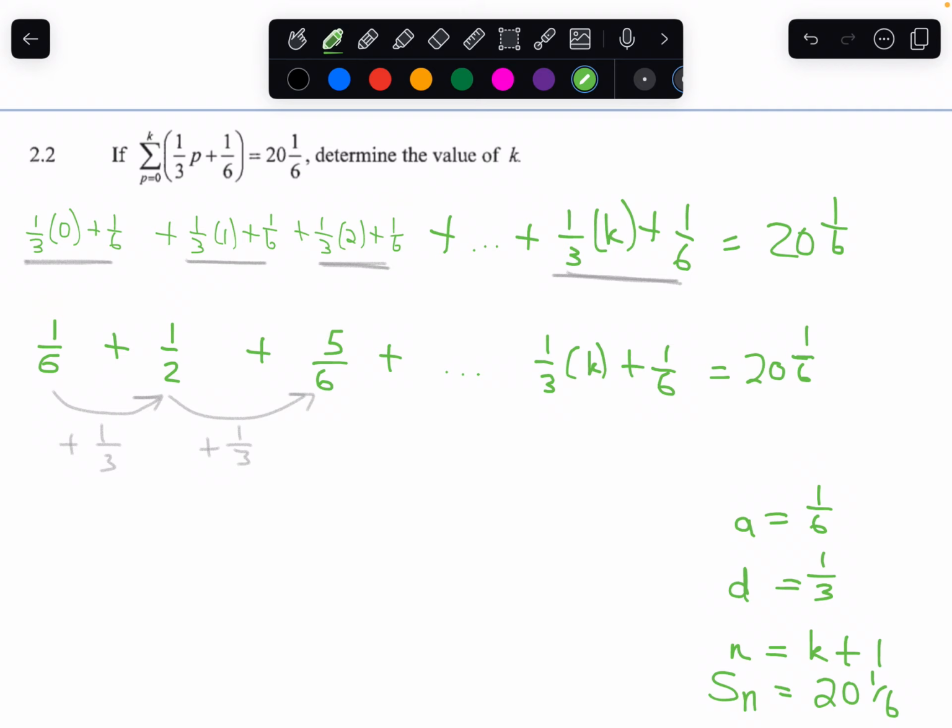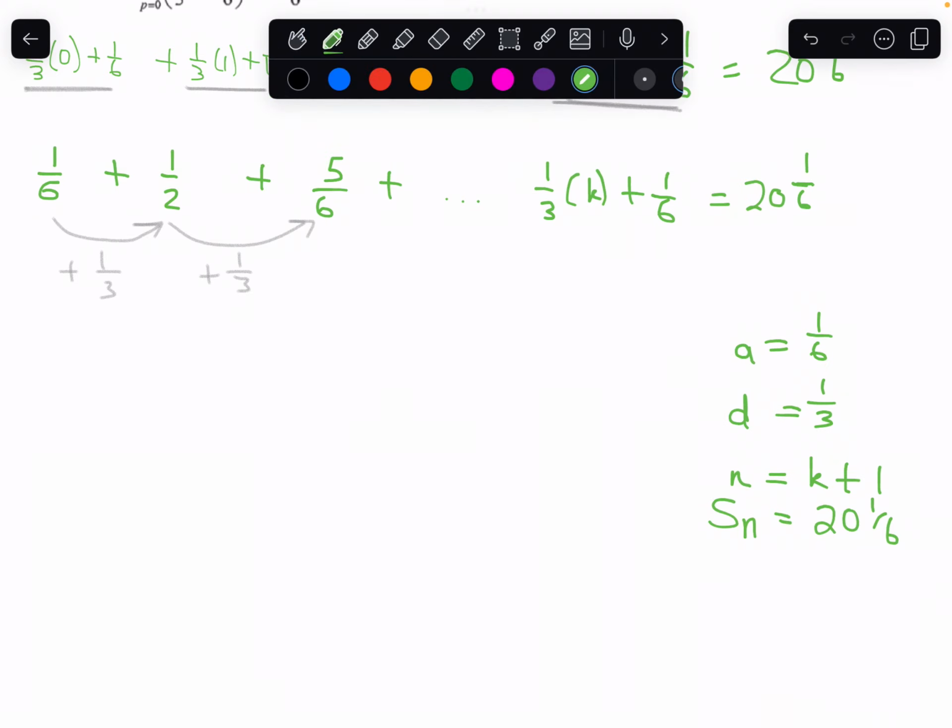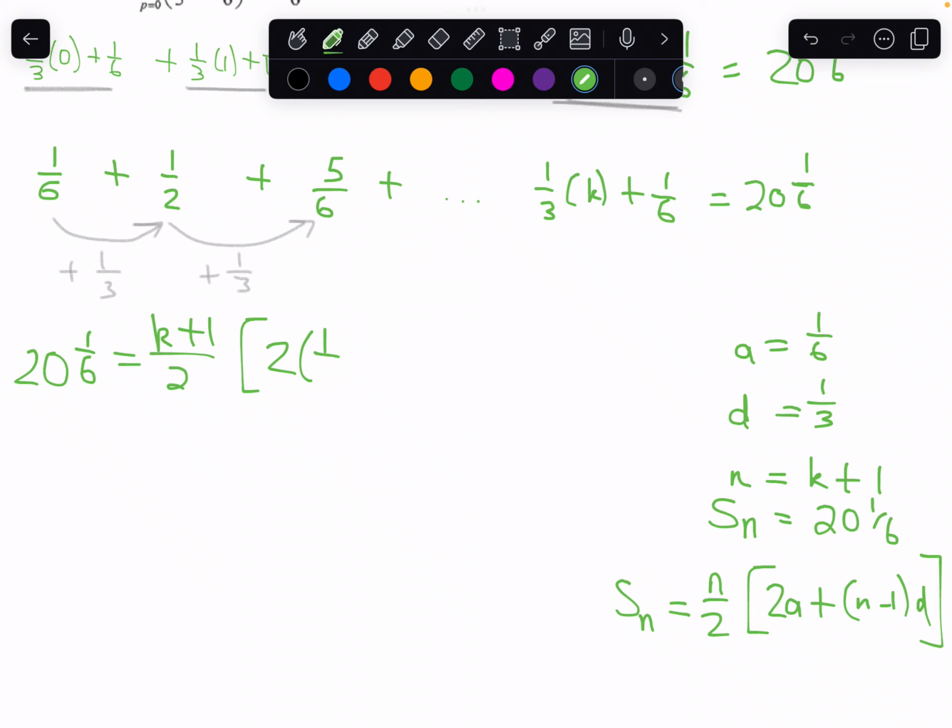Using our knowledge of arithmetic series, the formula is Sn equals n over 2 times 2a plus n minus 1 times d.